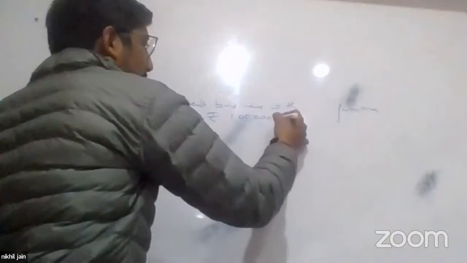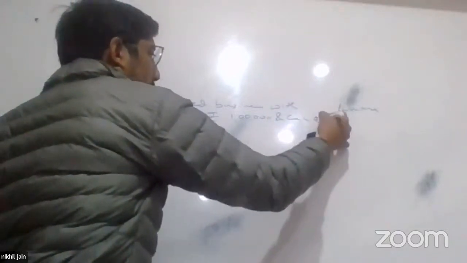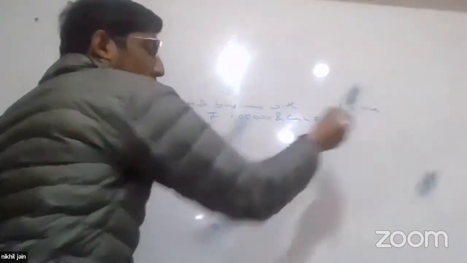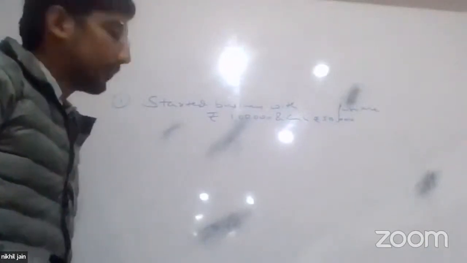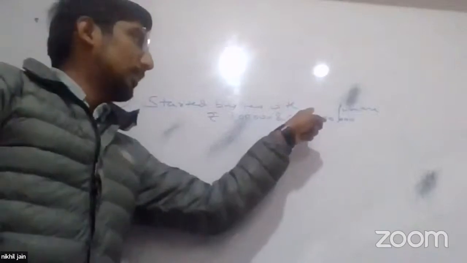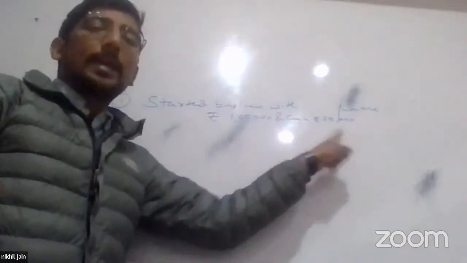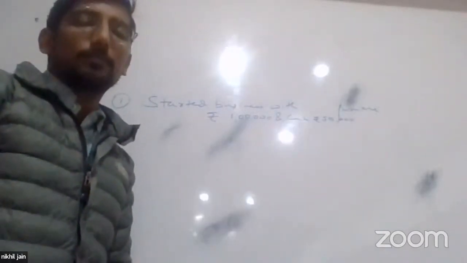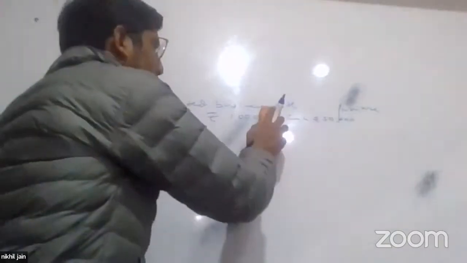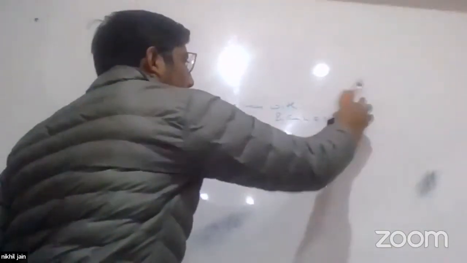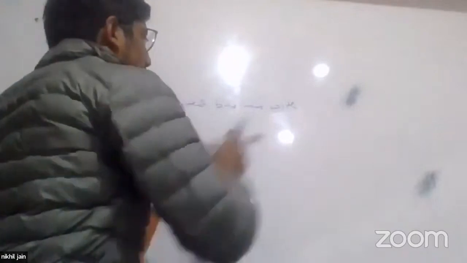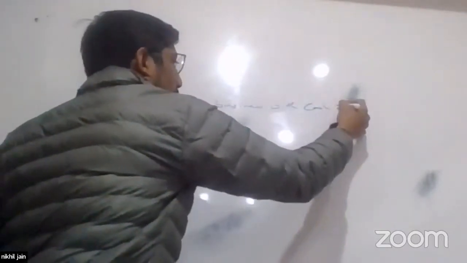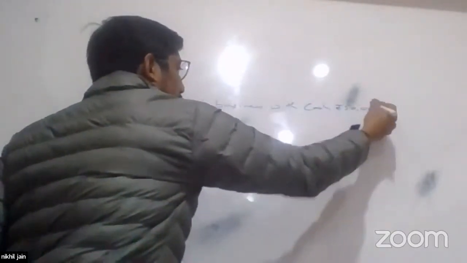Furniture rupees 1 lakh and cash rupees 50,000. We will mention only one thing right now. We will not look for a compound entry. So let's write down: we started business with cash rupees 50,000.